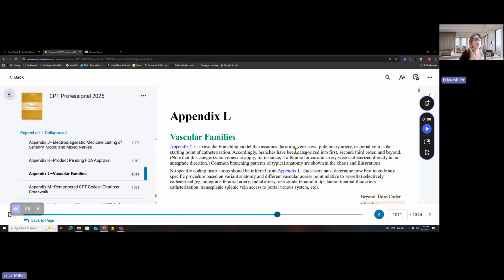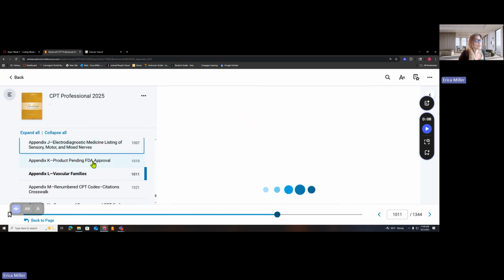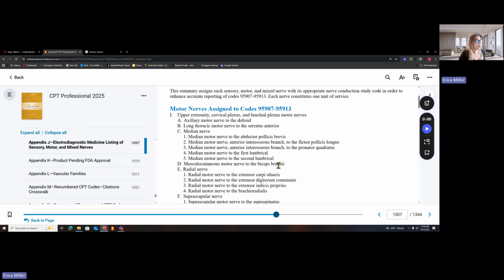To familiarize yourself or triple check your vascular families, for example. So some of these sections are very specialty specific. And again, unless you work in that specialty, you would never even encounter any of these additional appendices or code sets.